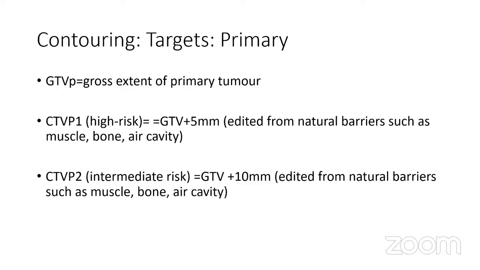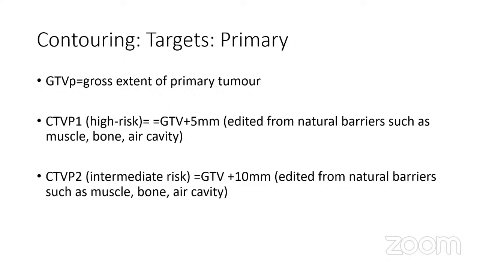So we would tend to have just the one CTV primary, which was usually the whole larynx. And it's taken a bit of adaptation to move from there to this concept of a high risk and an intermediate risk target. And it makes sense in terms of pathology, but it just means that the targets are going to look a bit different from what they did in the past, because they might be slightly more asymmetric, because we don't need to include the whole larynx.